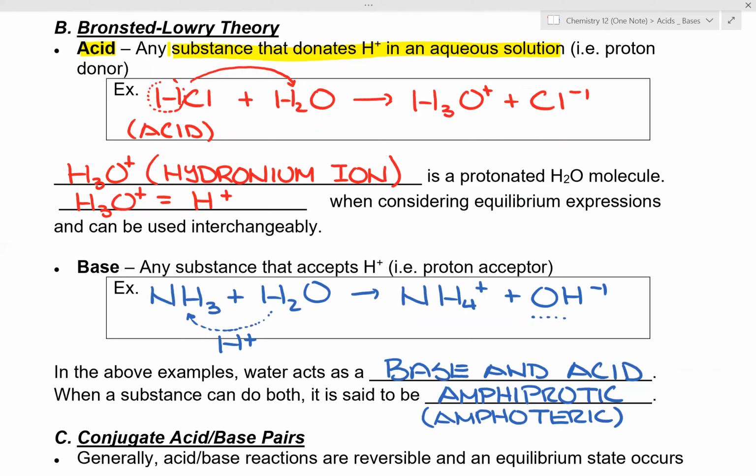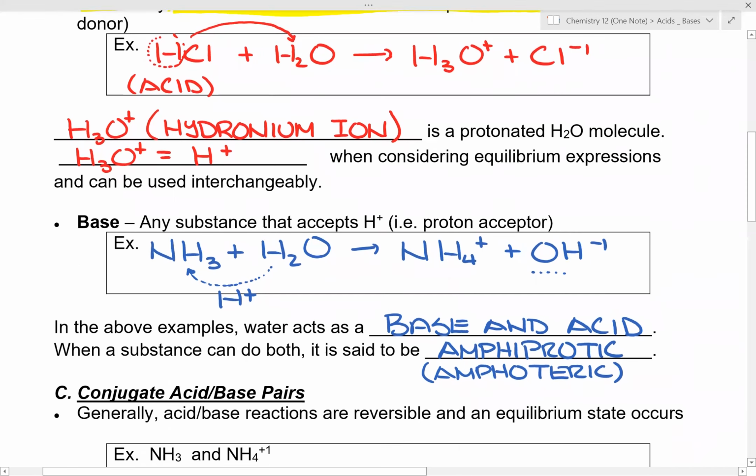So if I say a monoprotic base, what that means is that it can accept 1 proton. It accepts because it is a base. If I have a diprotic acid, that means it can donate 2 protons. That's what an acid is. So please make sure you are familiar with those terms.